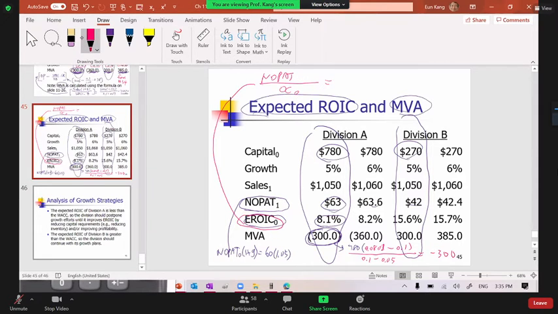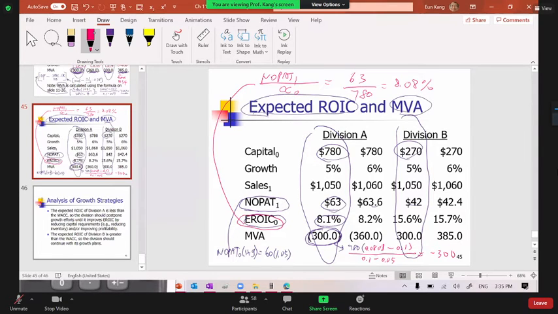So NOPAT 1 over OC 0. NOPAT 1 is 63, OC 0 is 780. That is 8.08%. So this is a good class. Please ask any question if the numbers are not clear.